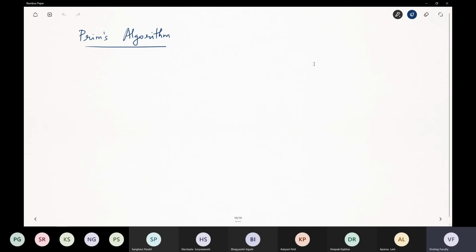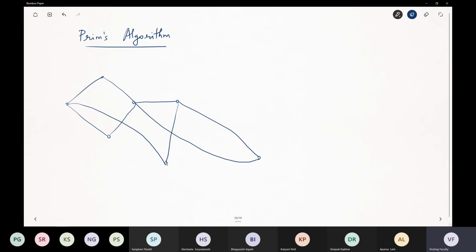Okay, so let me draw this graph once again quickly. So the graph looks like this. We have an edge, we have a vertex here.